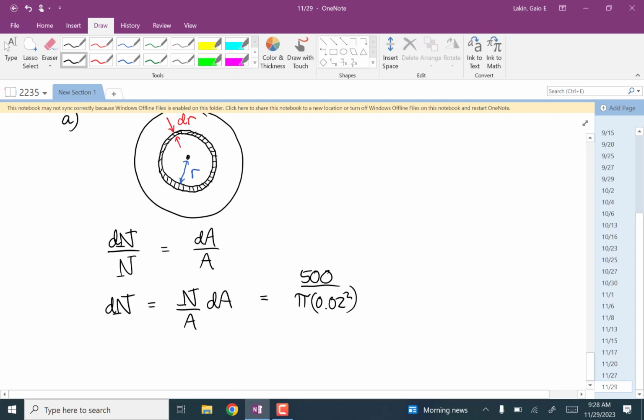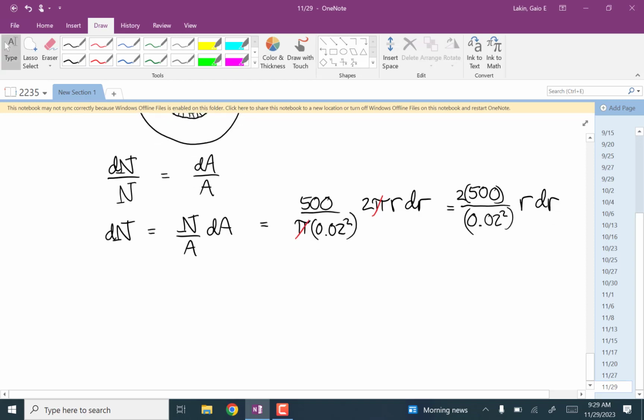And then the area of the infinitesimal ring is 2 pi r dr. So we have the pi's cancel, and we have 500 times 2 over 0.02 squared times r dr. Can someone calculate that for me?